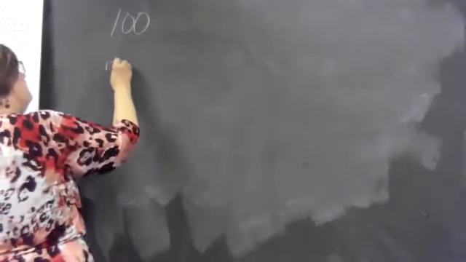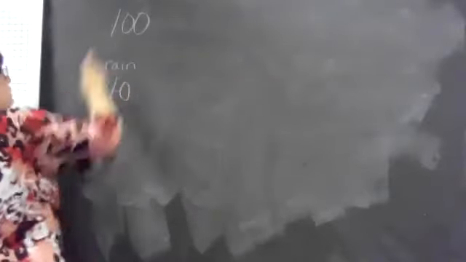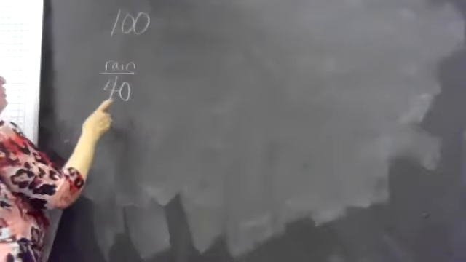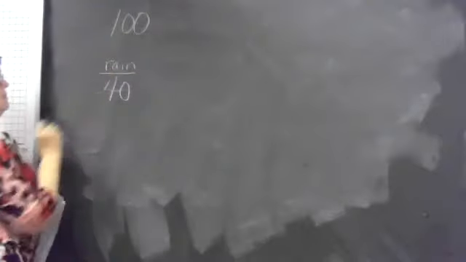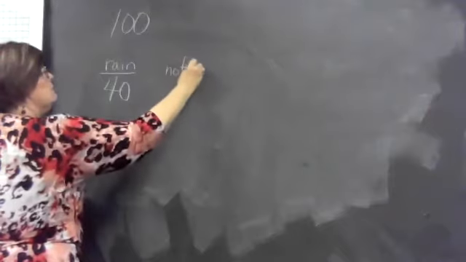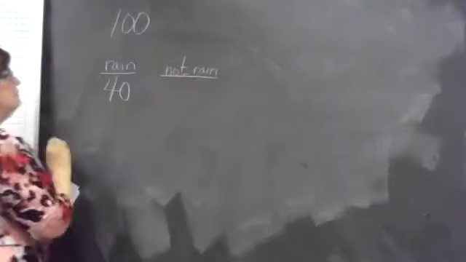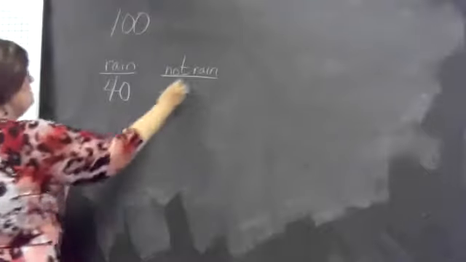So rain would be 40 out of 100. This is the total. So for it to rain, we've got a 40% chance. So this is not rain. What is the chance that it's not going to rain? Come on, if this is the total. I'm sorry, 60.